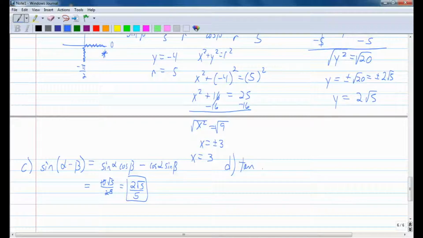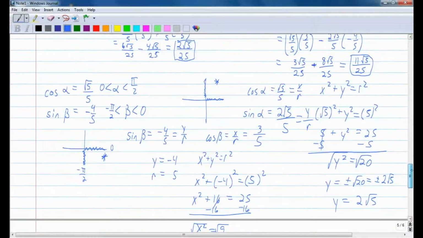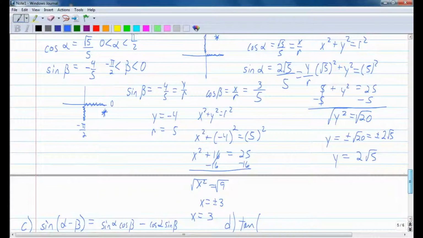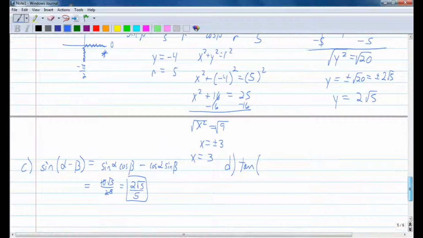The tangent of, let's see what we wanted, the tangent of alpha minus beta. So write down the formula for the difference for tangent. That's going to be the tangent of alpha minus tangent of beta over 1 plus tangent of alpha times tangent of beta.